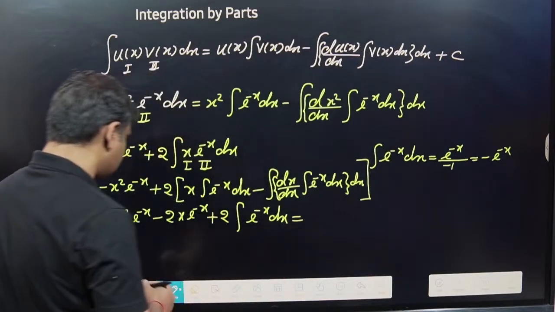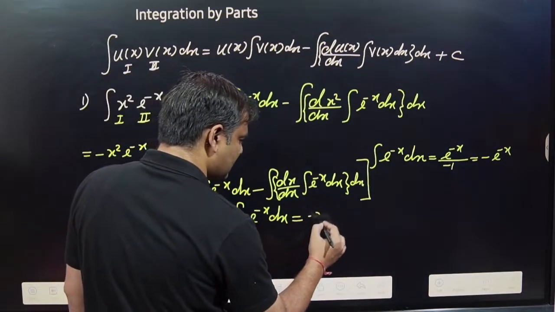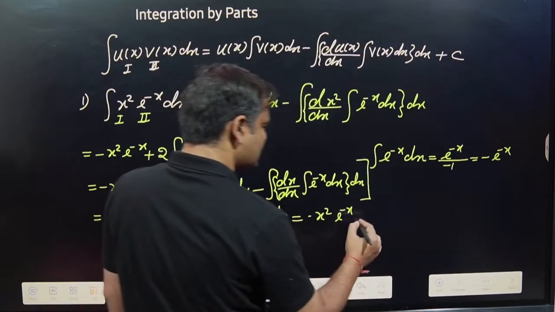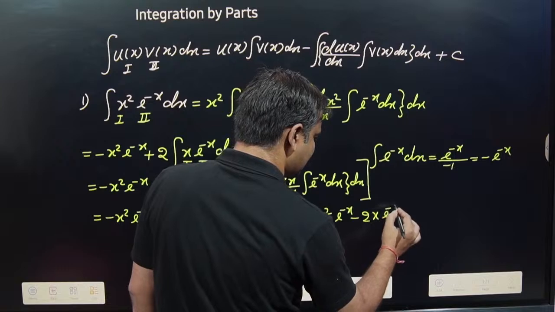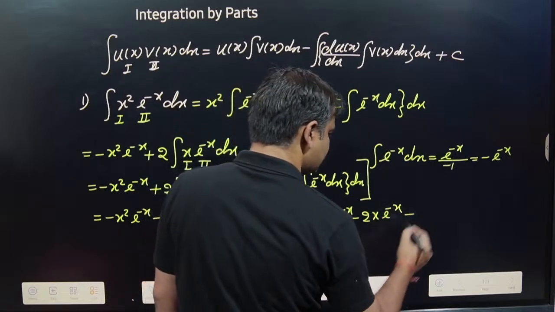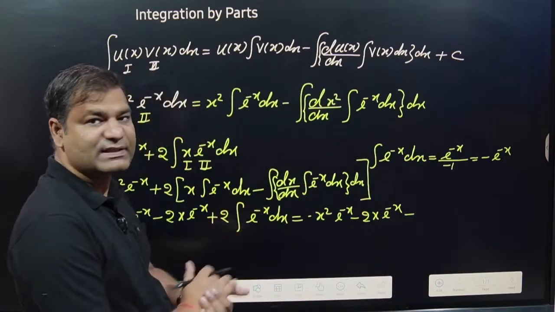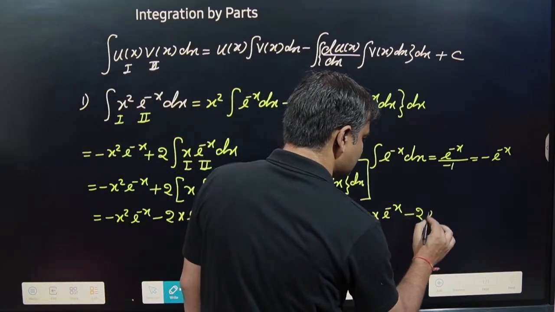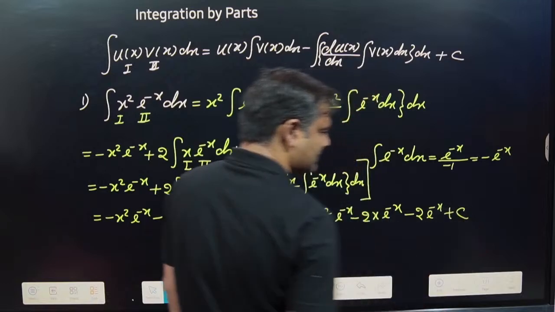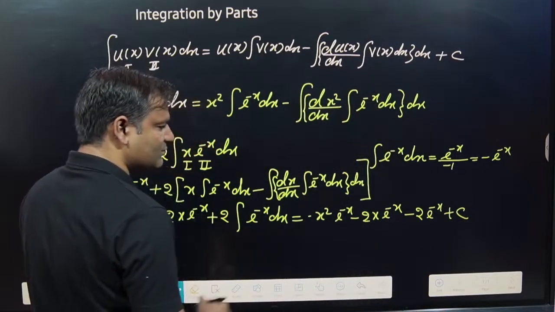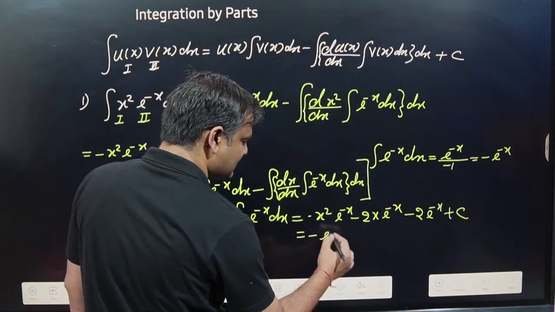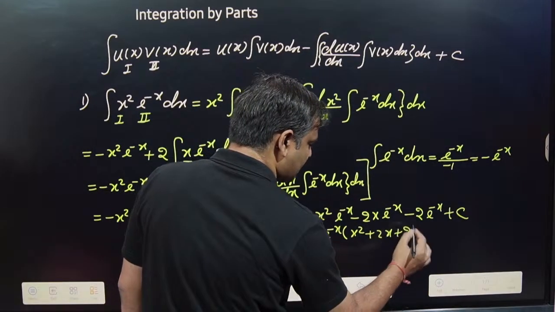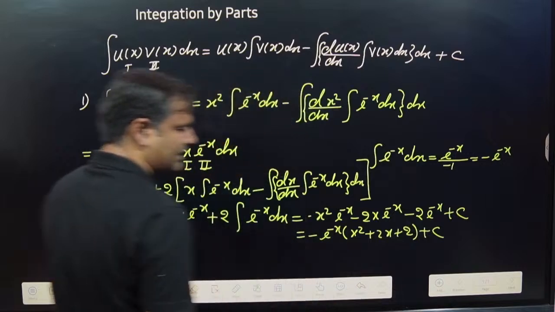Now the next step: minus x square into e to power minus x minus 2x into e to power minus x plus integration of e to power minus x, simply minus e to power minus x, so minus 2 into e to power minus x plus c is the right answer. Otherwise you can also take minus e to power minus x common, so x square plus 2x plus 2, plus c, is the right answer.